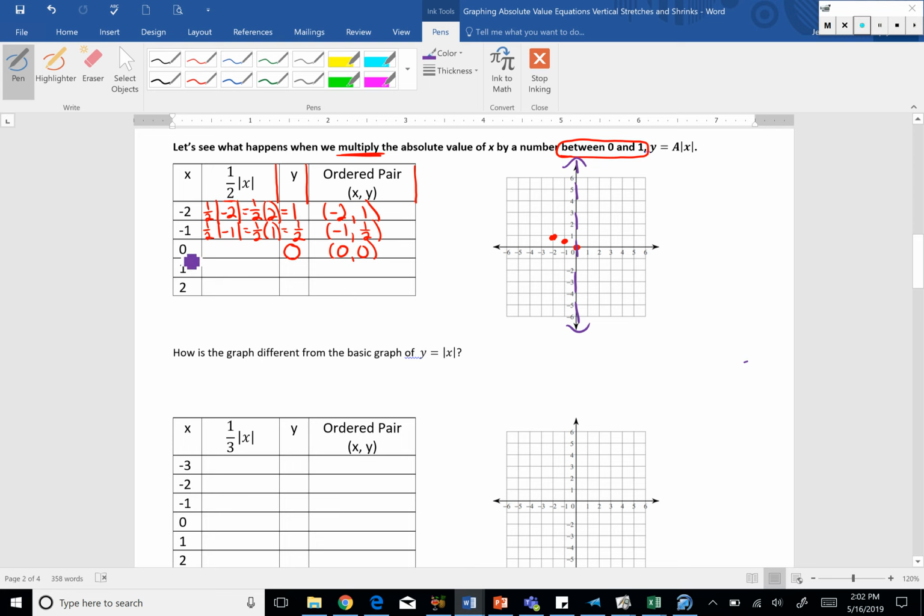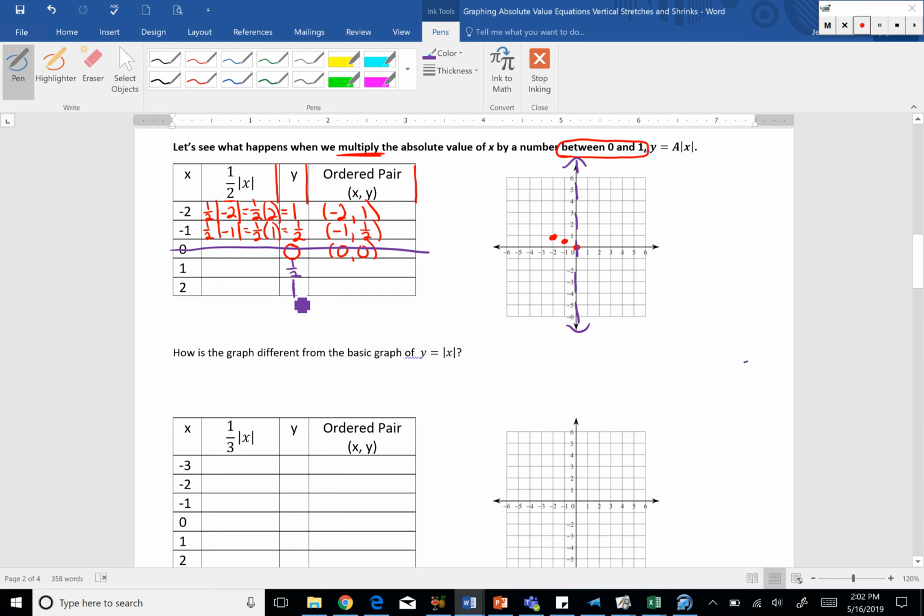Well, the middle is also right here on our table. So if this one is a half here, what's this one going to be right below 0? It's also going to be a half. If the one up here is a 1, the one down here will be a 1.